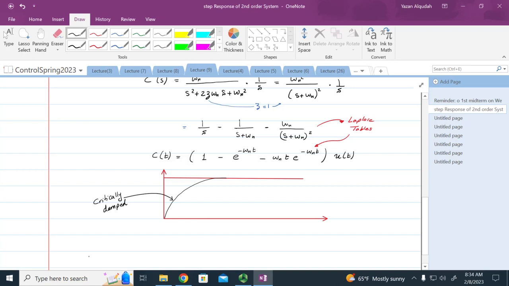Critically damped. When t is 0, same thing, this is going to be 1 minus 1. This is going to be a 0, and it is going to grow to a 1.